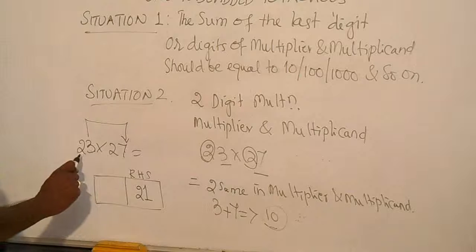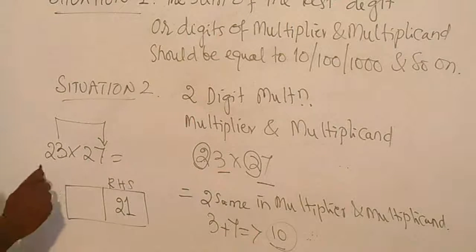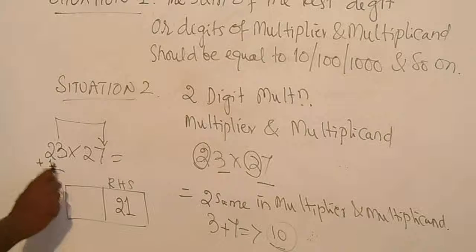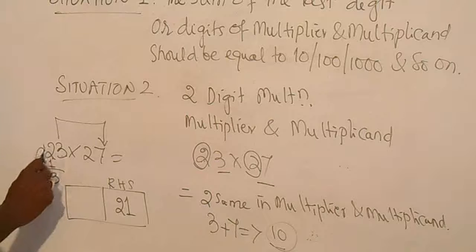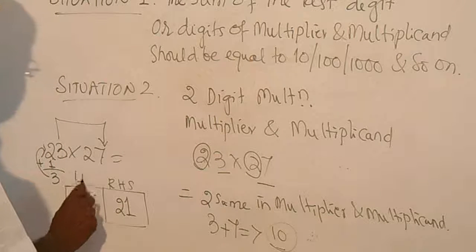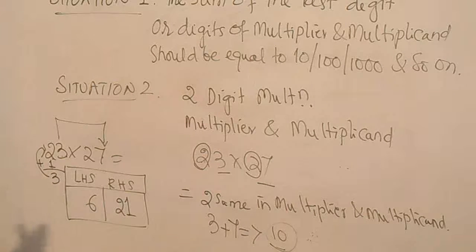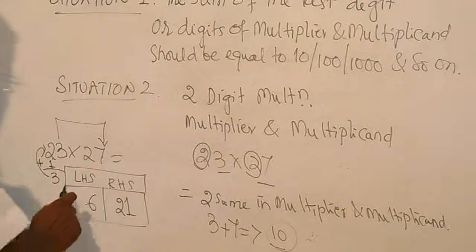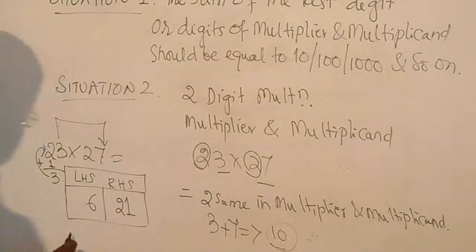The previous digit here is 2. We should add 1, that becomes 3. 3 should be multiplied back to the 2. So 3 2s are 6, forming LHS. Here there are two parts. So 6 and 21. The answer here is 621.